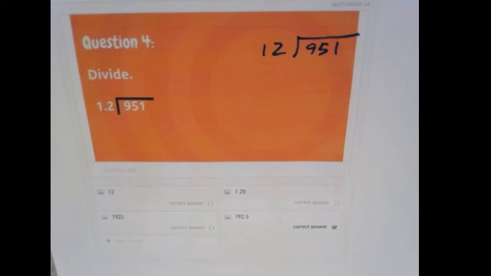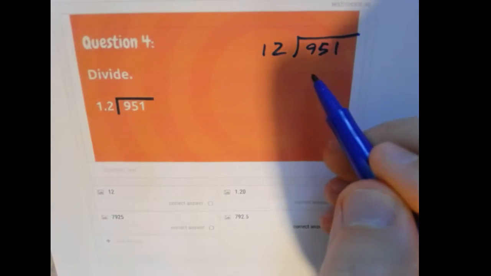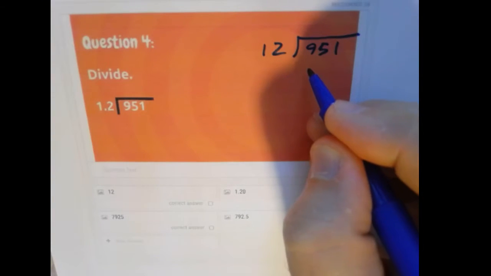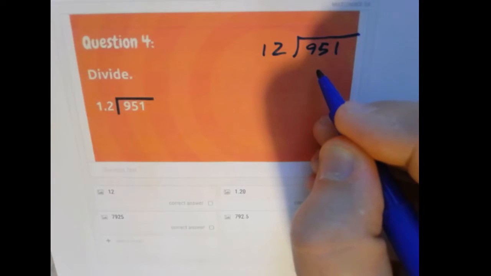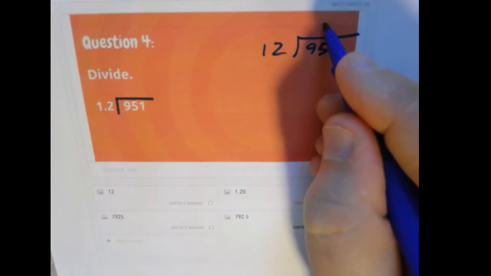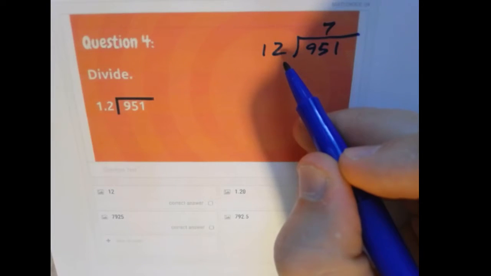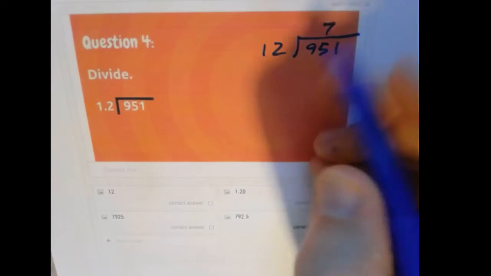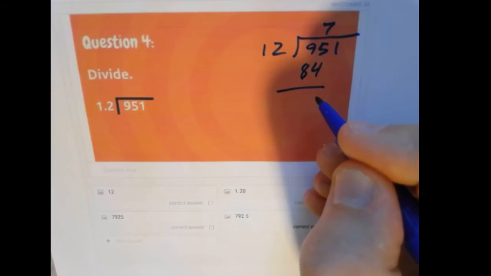Okay, so how many times will 12 fit into 9? It won't fit into 9, will it? How many times will 12 fit into 95? 7, right? So what is 7 times 12? 84. Find the difference.